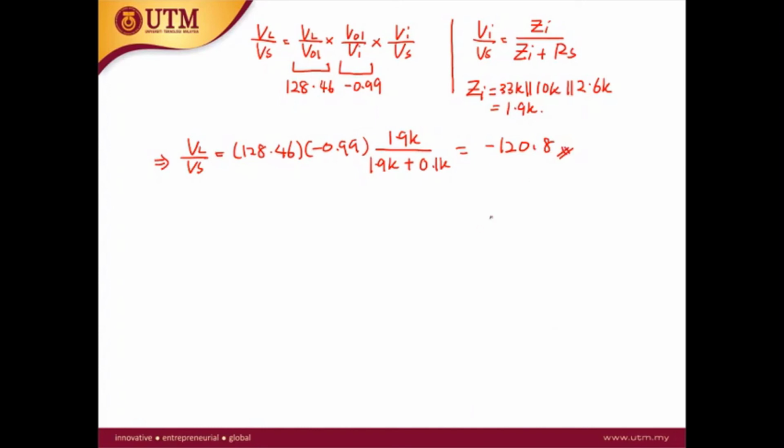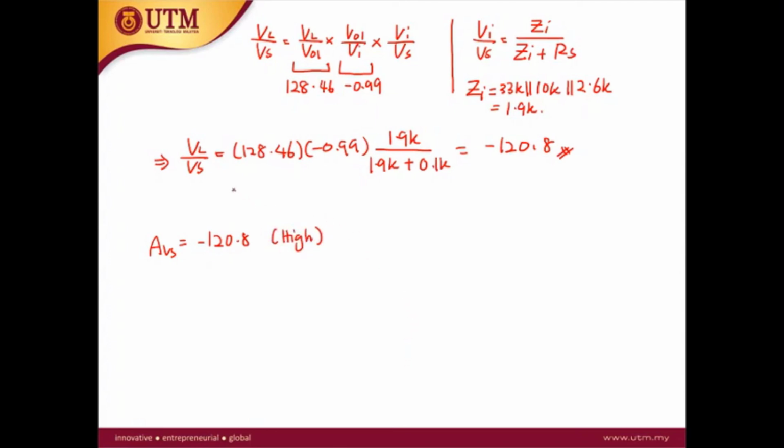Okay, from this analysis, this is a cascode multi-stage amplifier. So what can we conclude from our calculation? First, regarding the voltage gain, AVS is minus 120.8. This is quite high, we can consider it relatively high voltage gain.